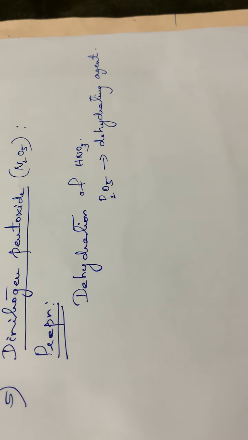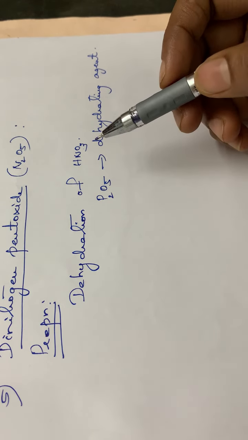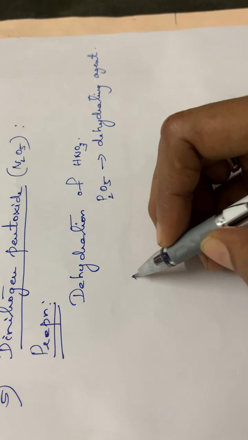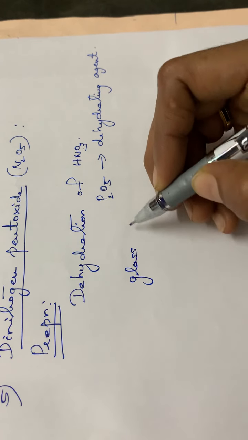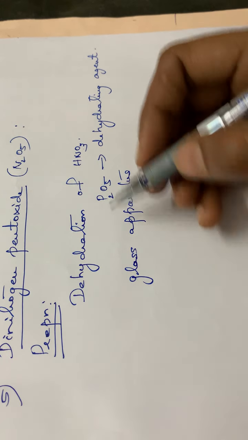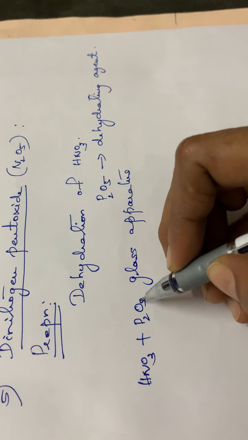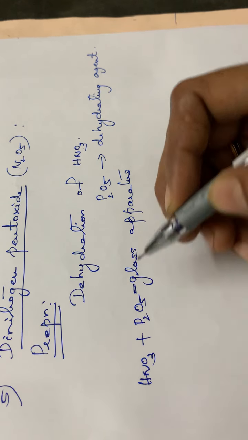Both these compounds, HNO3 and P2O5, are taken in a glass apparatus.